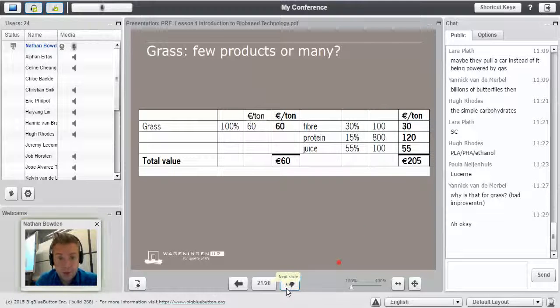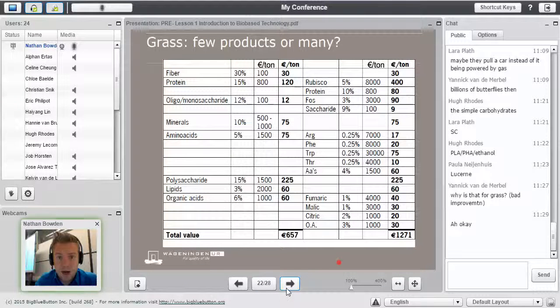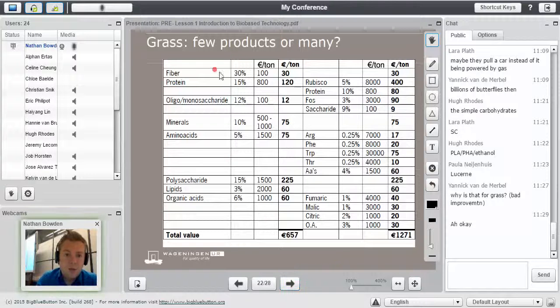To go further, still using grass, what if you split it up more and more and more? What if you split up the proteins into different types of proteins? What if you looked at the monosaccharides and you split them also up?